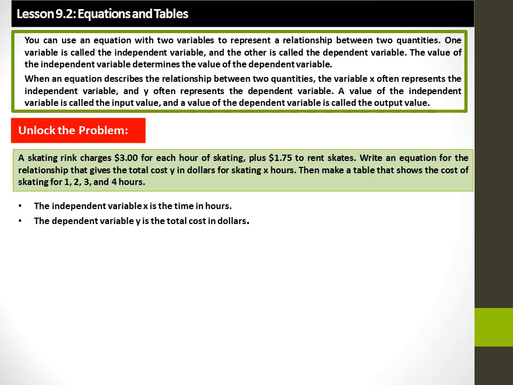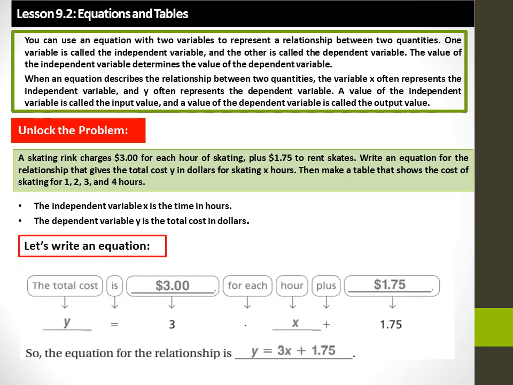The independent variable x is the time in hours. The dependent variable y is the total cost in dollars, because the total cost in dollars depends on the time spent skating. Let's write an equation. The total cost is $3 for each hour plus $1.75.